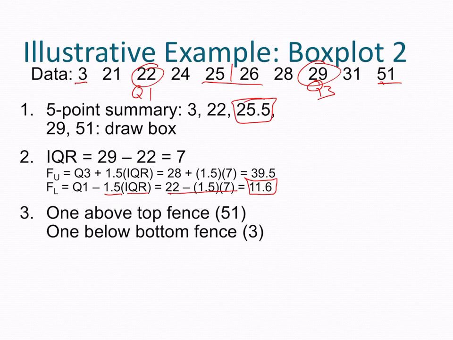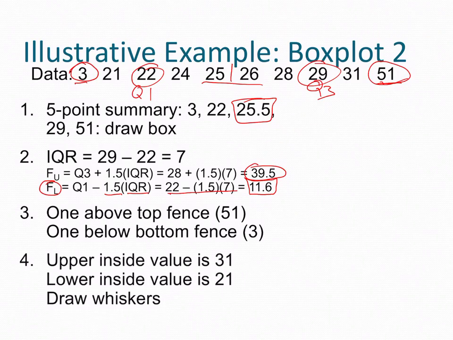When we look at this particular set, our lower fence should be a value of 11.6. When we look at our data, we see we have a data point below that. And when we look at our upper fence of 39.5, we see we have a value also above it.